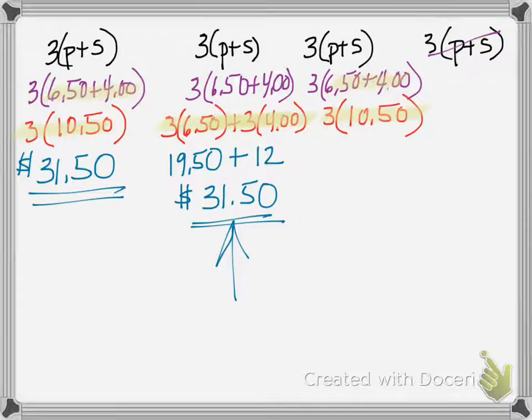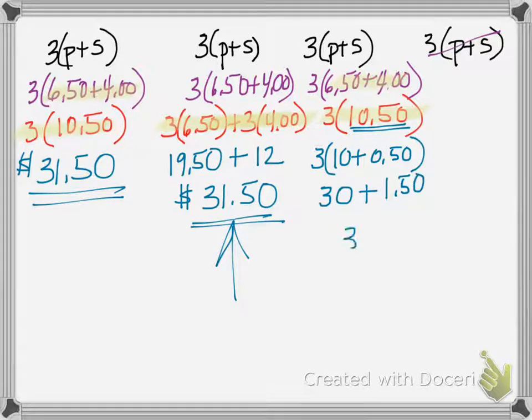Now with this other one, the end one, what somebody might have done, again, we've talked about taking mixed numbers and numbers with decimals and splitting them apart, so you could have gone 3 times 10 plus 50 cents, which would have equaled 30 plus $1.50, which would have equaled 31.50.